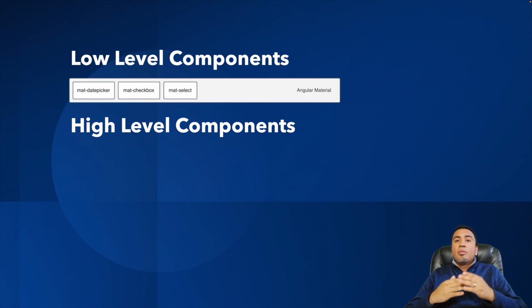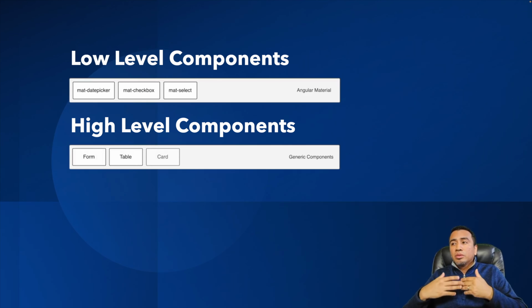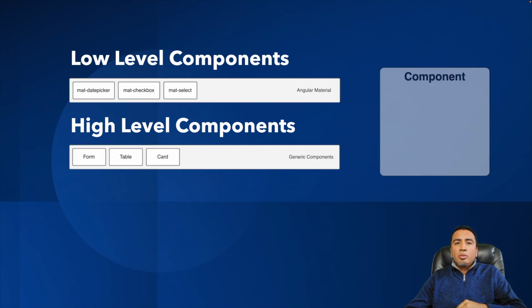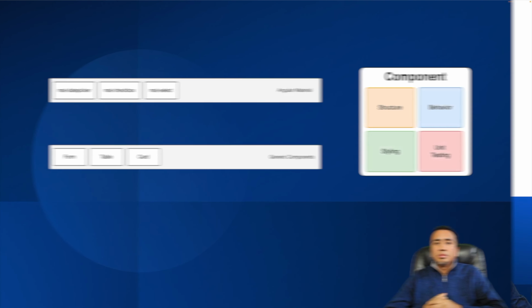Now, these more complex components, I call them higher-level components. And that's because they use the building blocks that low-level components provide us to build more complex components, higher-level components. It is in this layer where we want to implement our generic components, where we want to encapsulate our structure, behavior, styling, and unit testing.